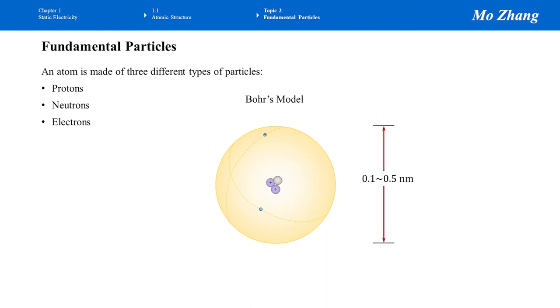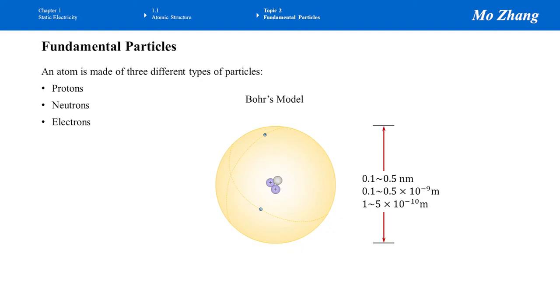If you look here, the diameter of this sphere is about 0.1 to 0.5 nanometer. For the nanometer, the nano is a very small prefix for the unit, which is 10 to the power -9 meter. Or we can say it is 1 meter, and then you move the decimal point to the left 9 times. So 0.1 to 0.5 times 10 to the power -9 meter, which is a very small distance.